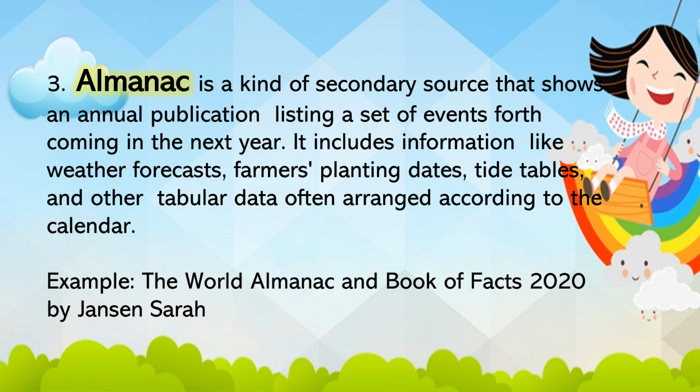Example, The World Almanac and Book of Facts 2020 by Johnson Sarah. So what idea will you use in organizing information in this secondary source? It is time, wherein there's a listing of a set of events forthcoming in the next year.